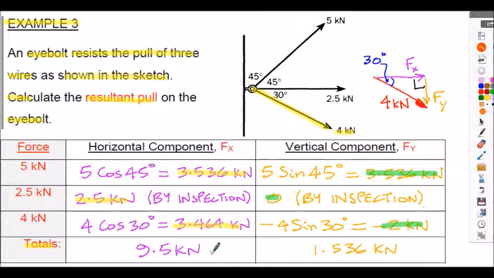So as the summation of the Fx is positive, that means it will be in this sense. So 9.5 kilonewtons from left to right. And as the vertical component summation is positive, that means 1.536 kilonewtons upwards.